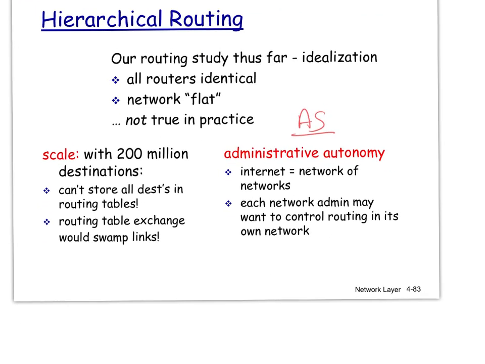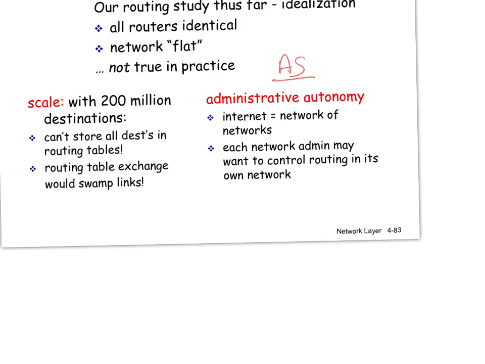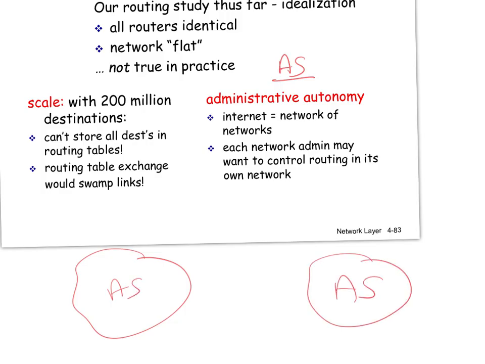So the internet is now divided logically into autonomous systems, okay? Within each autonomous system, I can apply anything, link state or distance vector, and sometimes both, by the way.